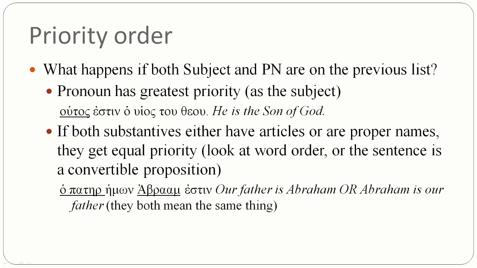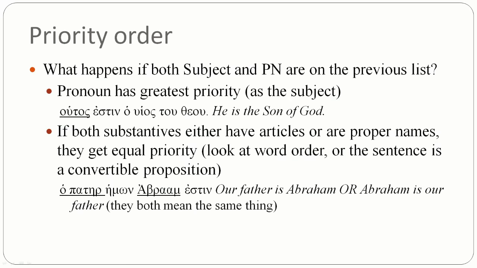The other possibility is that the sentence is simply a convertible proposition, and it does not matter which order you do it in. In this case here, ho pater hemon Abraam estin, it's probably a convertible proposition. I can't say that word right. I always say preposition, but a preposition is something completely different.